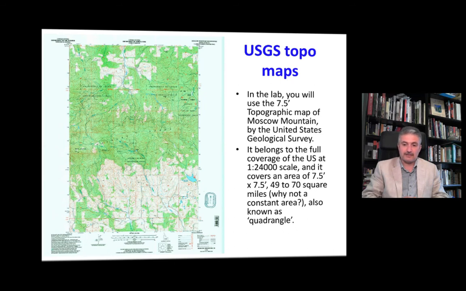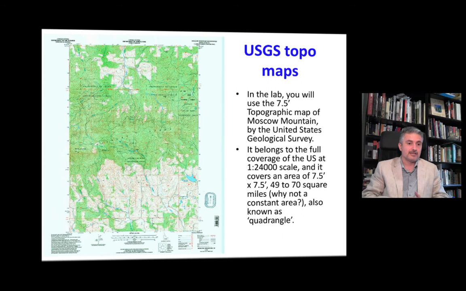We saw that briefly when talking about parallels and meridians. So going from the southern US to northern US, these 7.5 minutes become narrower and narrower when reported in equal area projection.